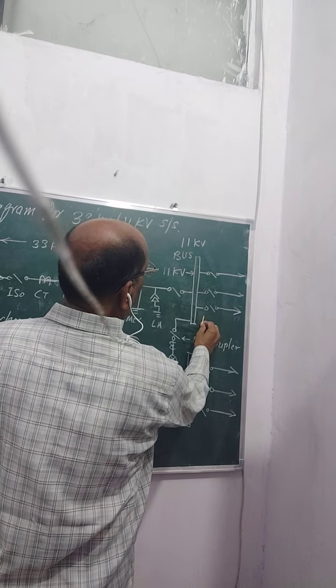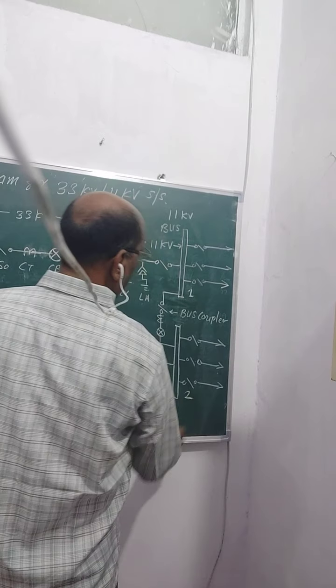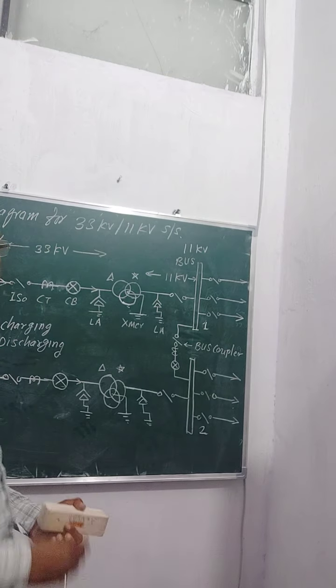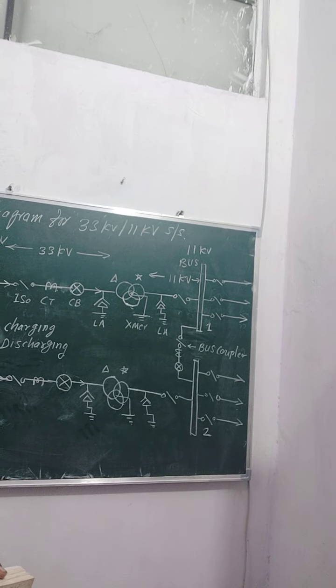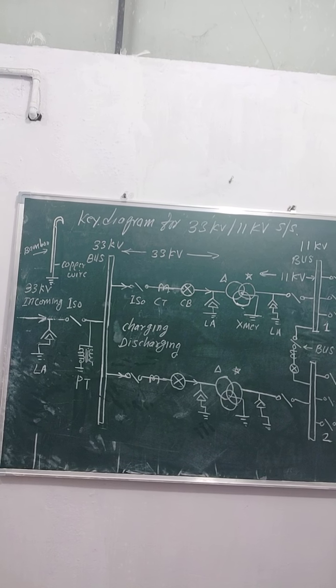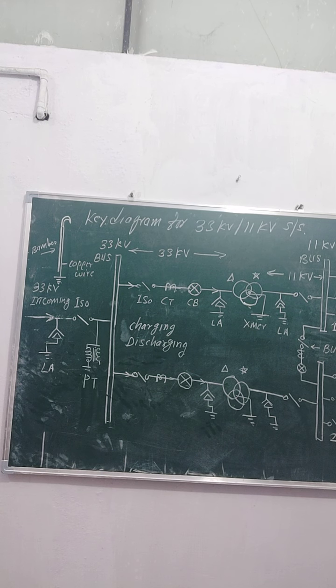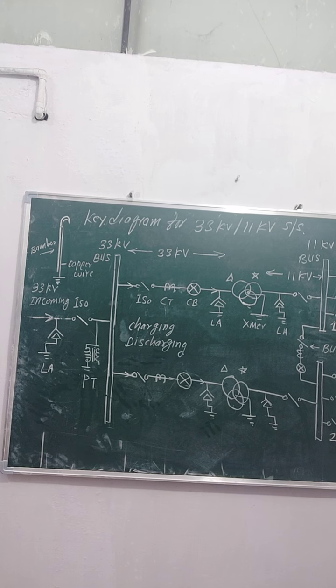So this is bus number 1 and this is bus number 2. By the bus coupler we can join the bus bars whenever there is a maintenance schedule for any transformer, then you can make use of the bus coupler.